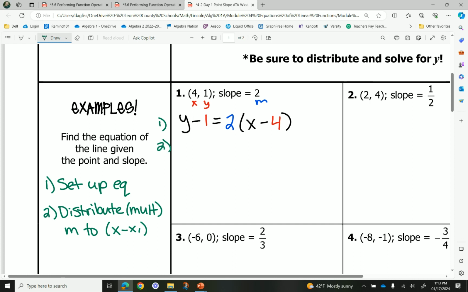So my m, in this case, is my 2. To distribute that to both pieces means to multiply it to both pieces. Okay, so now I have y minus 1 equals 2 times x is 2x. 2 times negative 4 is negative 8. Does that make sense? Okay, you got to multiply. And then our third step, and it's actually our last step.